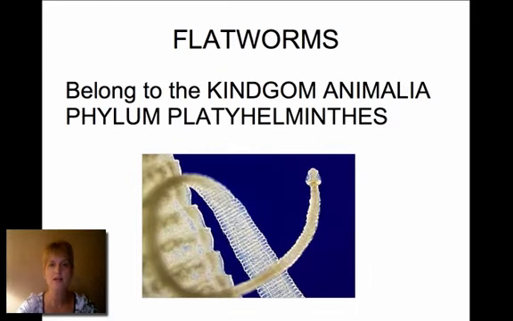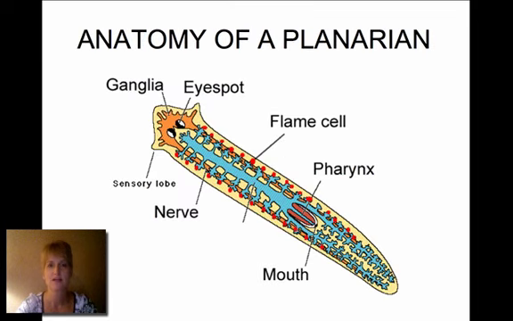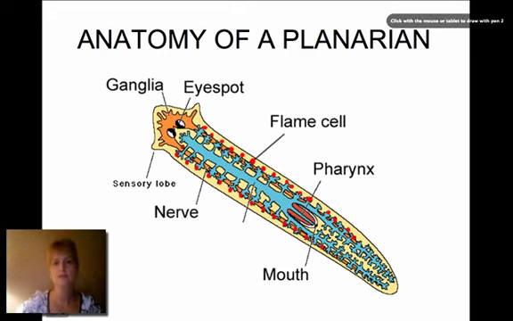All right, so we're going to talk about flatworms. Flatworms are in the phylum Platyhelminthes, and this is a diagram of a planarian. I want to show you this because flatworms have a very simple anatomy, but we're starting to see a little bit more complexity.